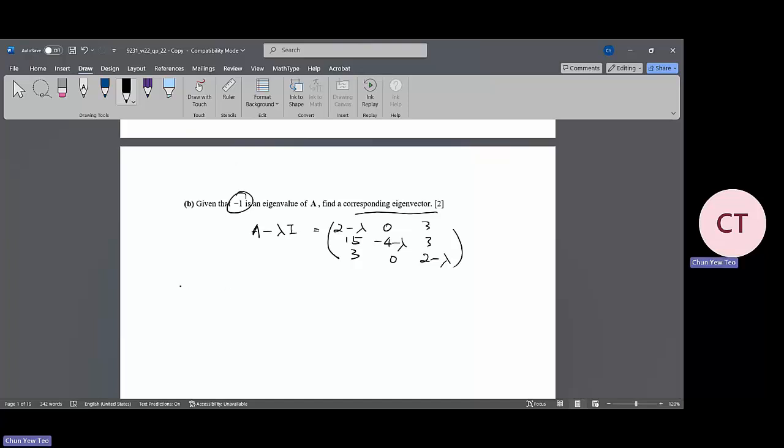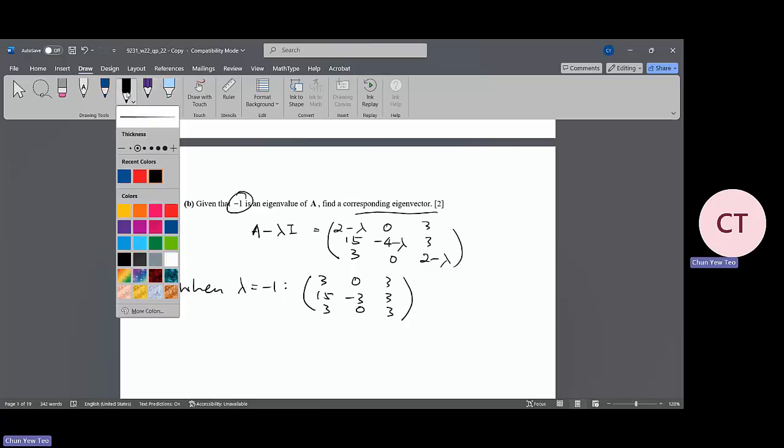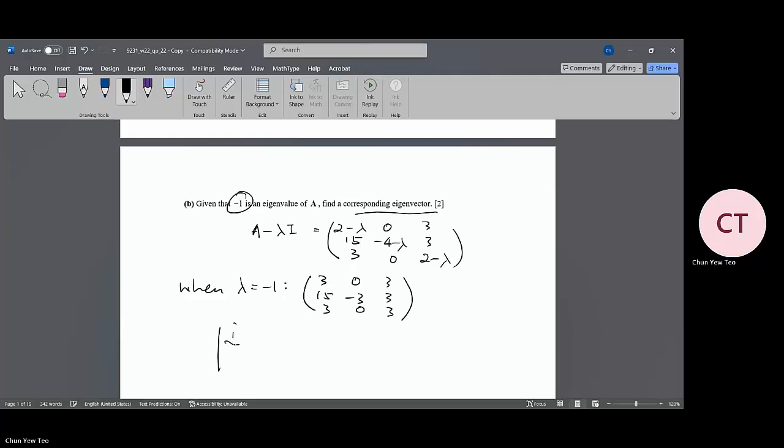Then when lambda is -1, this one will be 3, 3. Okay. So you can see that to find the eigenvector, we just take the first 2 rows, or the second and the third row. But the first row and the third row are the same, so you cannot choose the first and the third row.